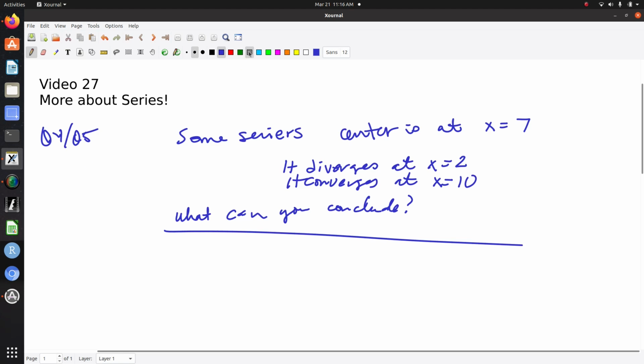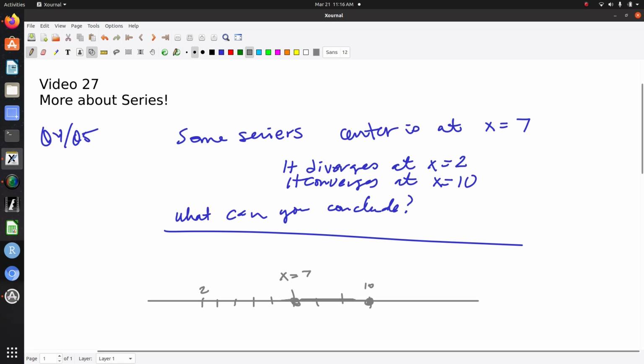Okay, so what you want to do is think in terms of, okay, you have some interval and the center is at x equals 7. I'm going to march out 8, 9, 10. There's 10. 7, 6, 5, 4, 3, 2. x equals 2. So we have some information. We know it converges at 10. So that means the radius is at least 3.